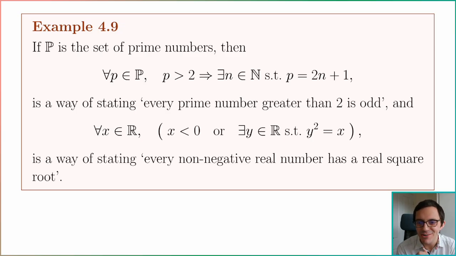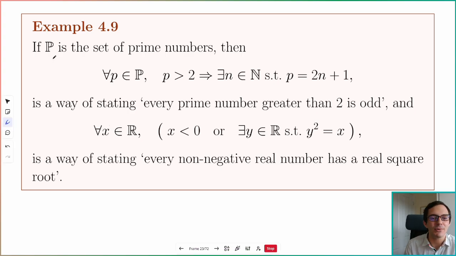A couple more statements of this form. I've got a complicated way of saying that every prime number greater than 2 is odd. At the start, where blackboard P, how would I write that? I'd probably write it like that, I suppose, is the set of all prime numbers. That's not standard. That's not one of the letters that you're expected to remember.